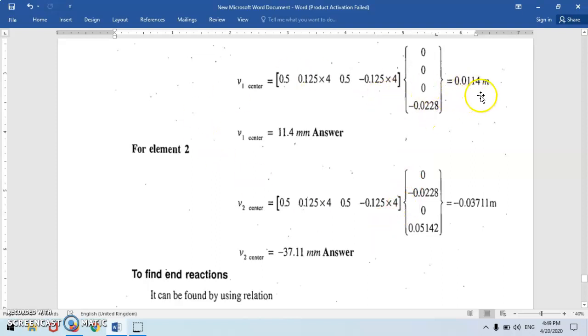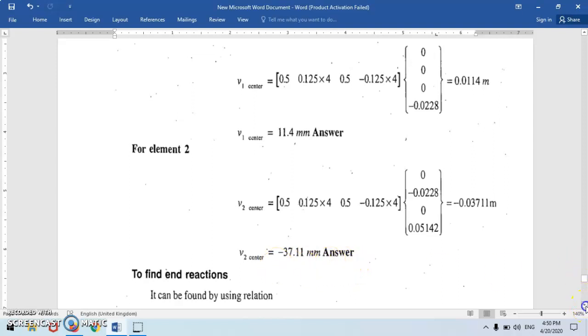So you will be getting this one. Next, again you need to find out for the second element. Again this will be V2 theta 2, V3 theta 3. So these two are 0. Only left out are the two you have found out, theta 2 and theta 3. So you will be getting V2, the displacement at the midspan. You will be getting this.